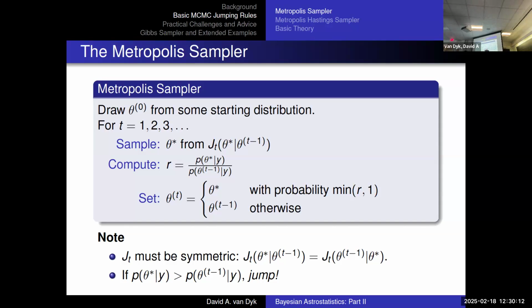And that probability is this ratio. Maybe we shouldn't worry about the mathematics, but you can make a connection with what I just said. If you're going up, if this ratio is bigger than 1, the probability is going to be 1. If this ratio is less than 1, then I'm going to accept it with probability R, which is some number less than 1. So if I'm here on the posterior and I go down to a value that's half as high, I'm going to accept that with probability 1/2. And if I don't accept it, I stay where I am for another iteration.